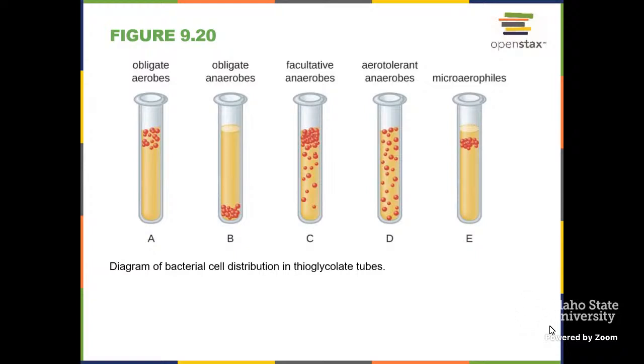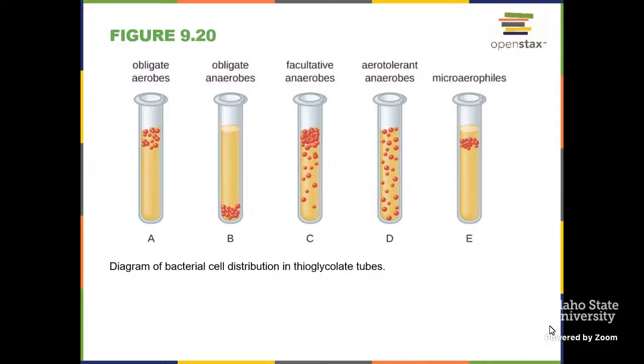So thioglycolate tubes give us an opportunity to really kind of see what sort of potentials the microbes might have. And we're working with handfuls of different types of bacteria in the lab. We're going to look at some of these thioglycolate tubes and inoculate them with some different organisms and see how do they grow, all right?